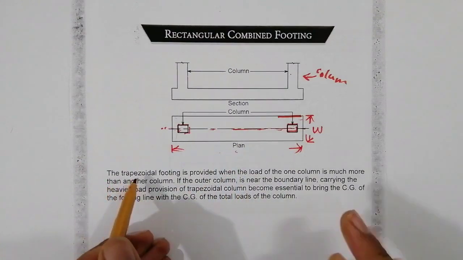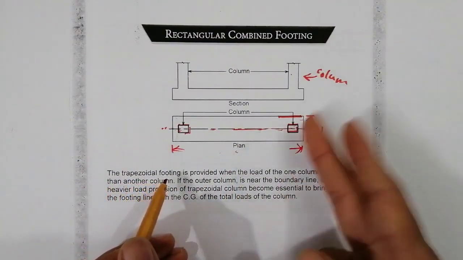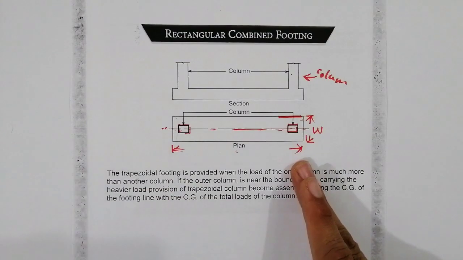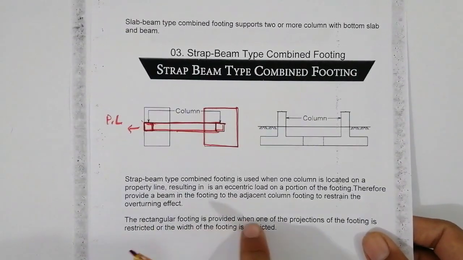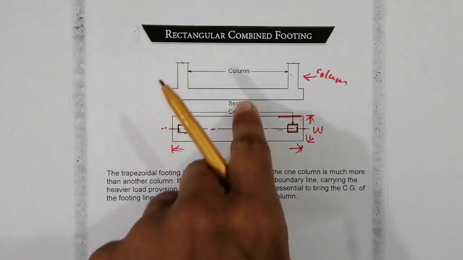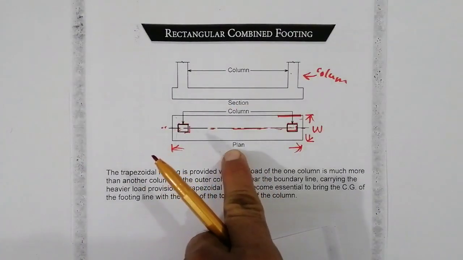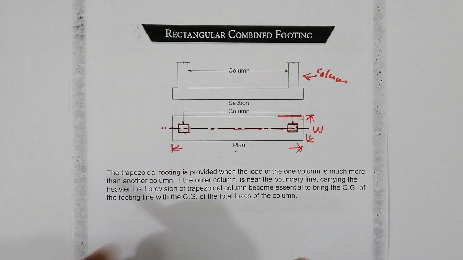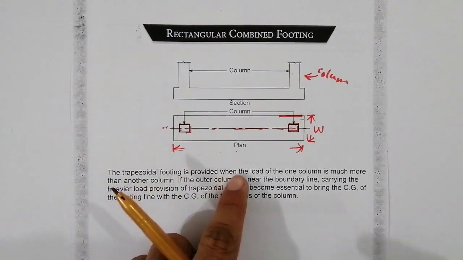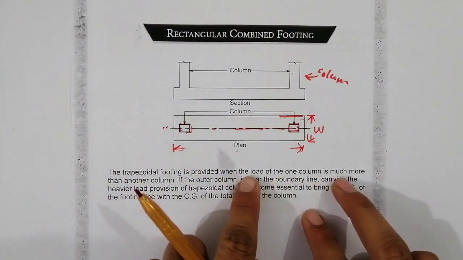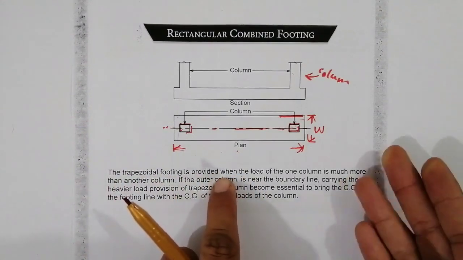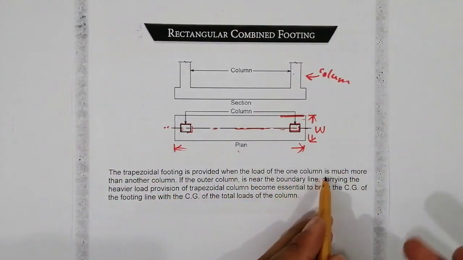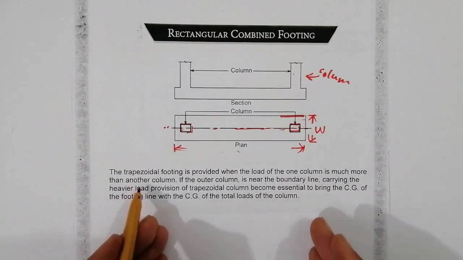Now guys, come to trapezoidal. So this is rectangular, as I discussed here. The rectangular footing is provided when the projection is the same like this. The trapezoidal footing is provided when the load of one column is much more than another column.